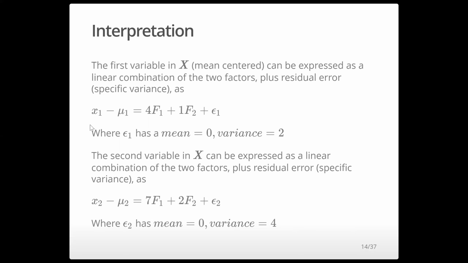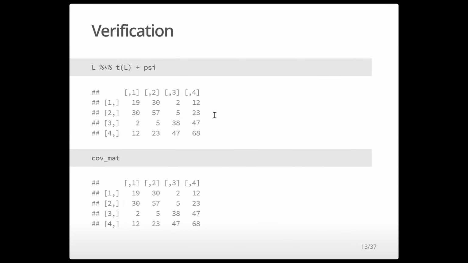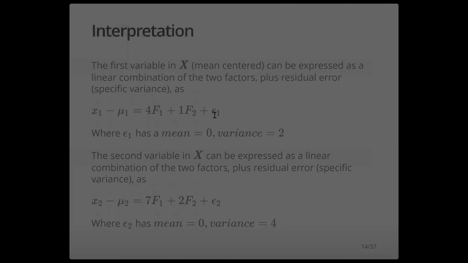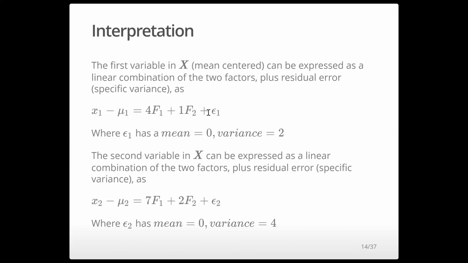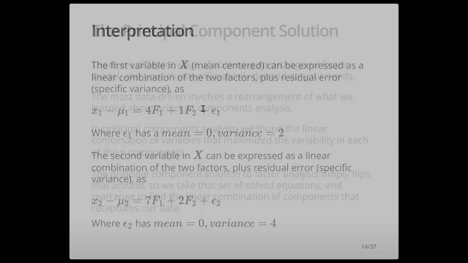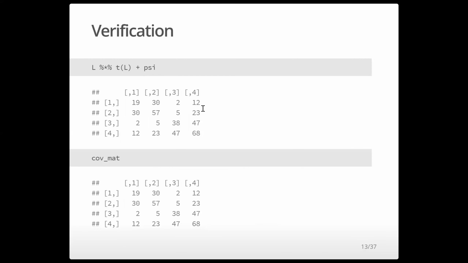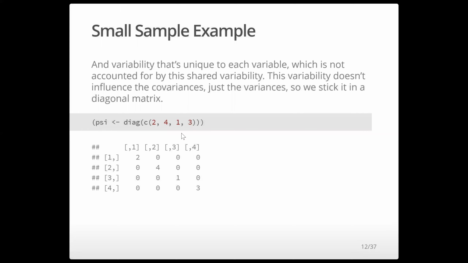So x1 minus mu1, the original X minus its mean, is equal to 4 times the first factor plus 1 times the second factor plus the specific variance. Epsilon is going to have a mean of 0 and a variance of 2. Remember, this is recapturing the covariance matrix, not the data itself, but it does give us the factor loadings.